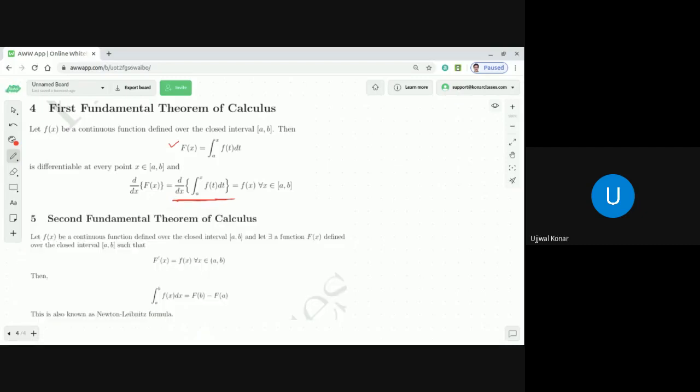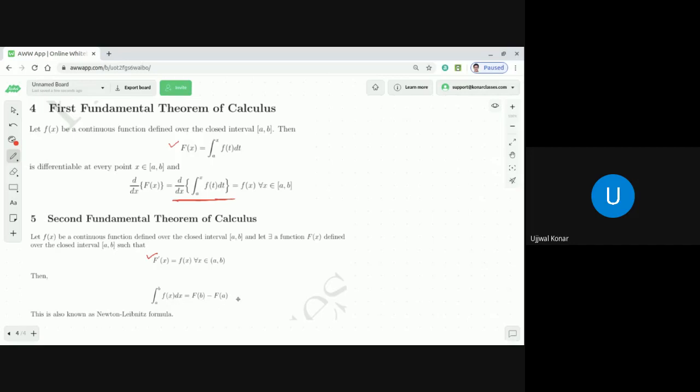The second fundamental theorem says: let f(x) be a continuous function defined over the closed interval [a, b], and there exists a function F(x) defined over [a, b] such that F'(x) = f(x) for all x in the open interval (a, b). Then integration a to b f(x) dx is equal to F(b) minus F(a).